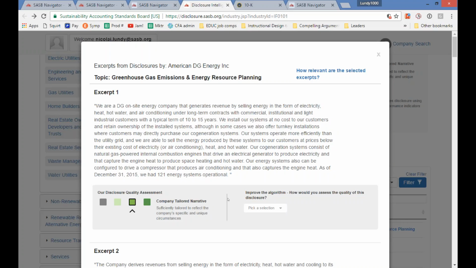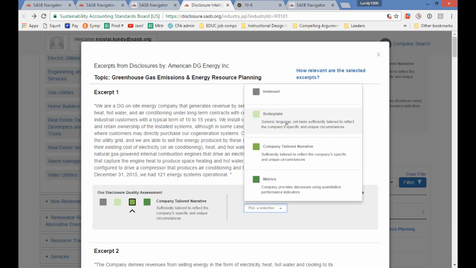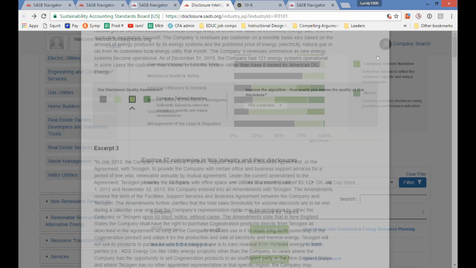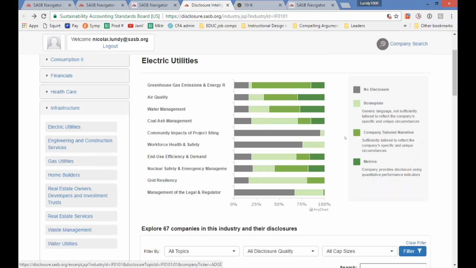There are some instances where people say, I think that's actually boilerplate, or I think it's actually metrics, or it's irrelevant entirely. That doesn't tend to happen. But by giving your own feedback and your own rating, the system's able to continue to learn and get much more sophisticated. In the last few months, we've already seen it getting more precise and more effective at capturing disclosures.